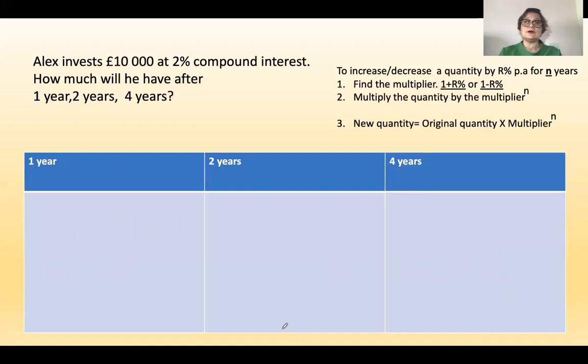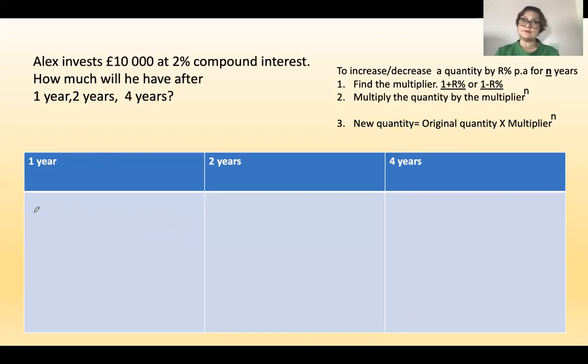Right. So that was the method if you find the multiplier first, but you can choose to use the formula straight away. This is the formula: new quantity equals original quantity times multiplier to the power of n.